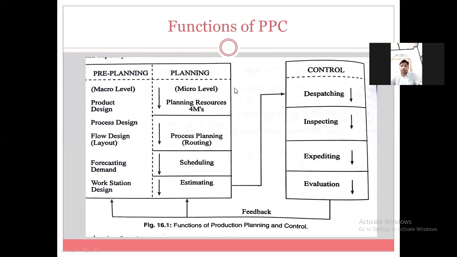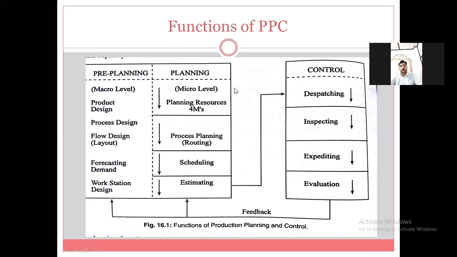Okay, so once you get the idea that there is a demand for a particular product in the initial stage, you identify one of the products that will have demand in the market, and you want to go for the production of that product.